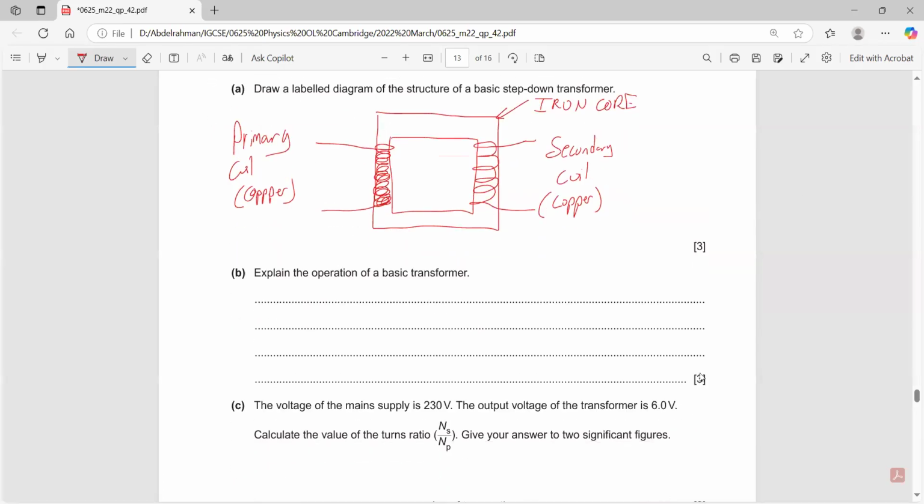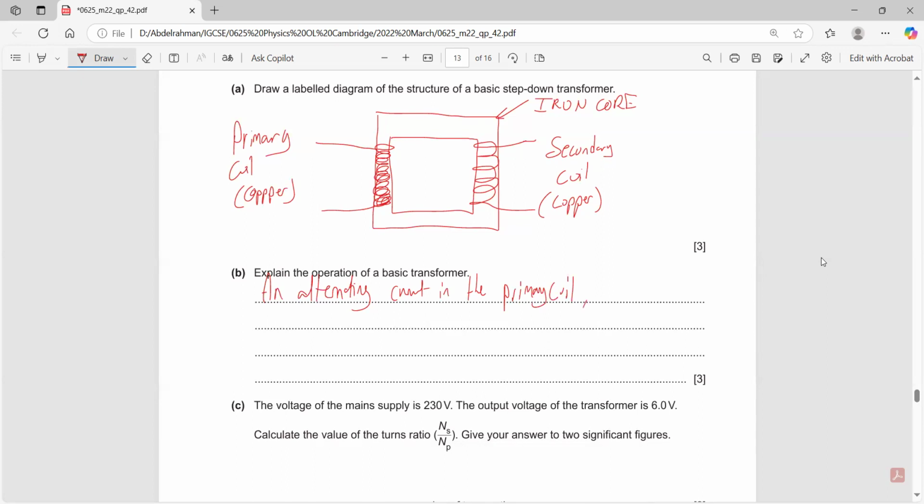Explain the operation of a basic transformer. What is the operation of a basic transformer? Simply, you have an alternating current in the primary coil. What does it do?